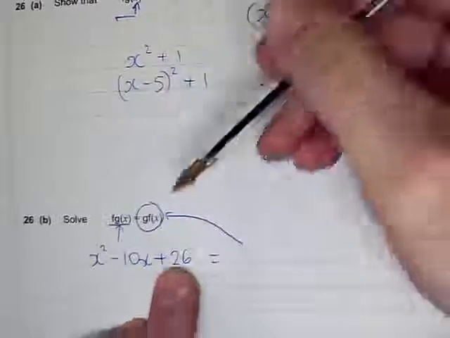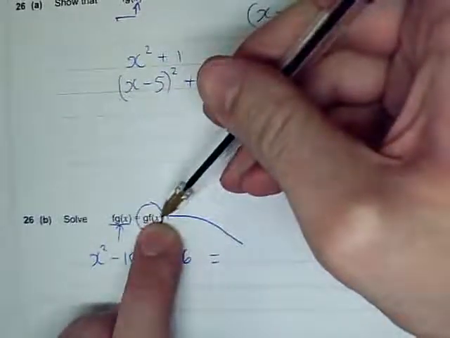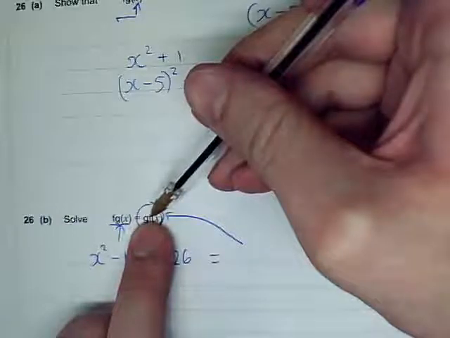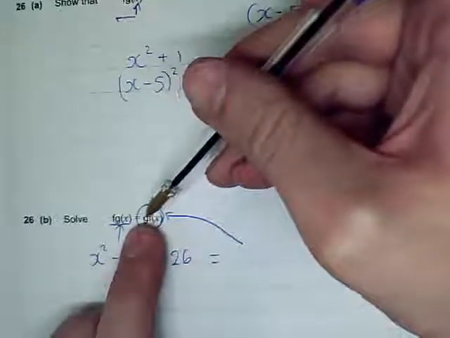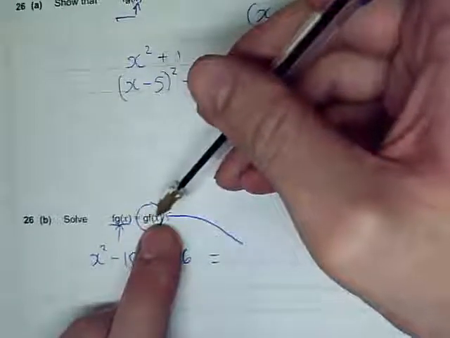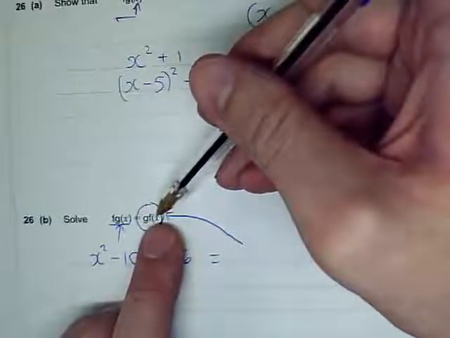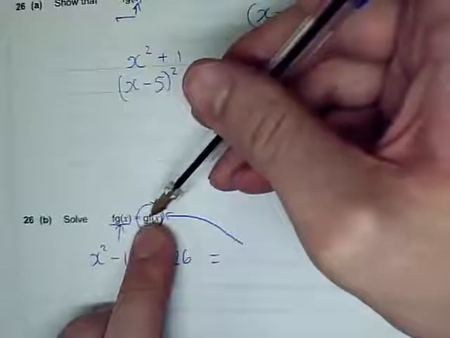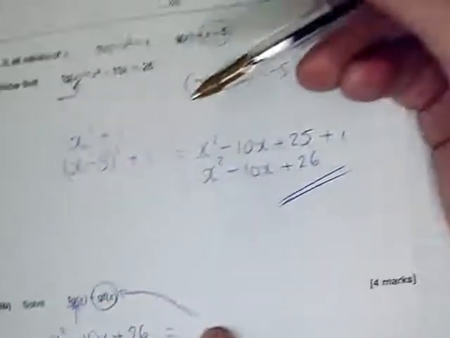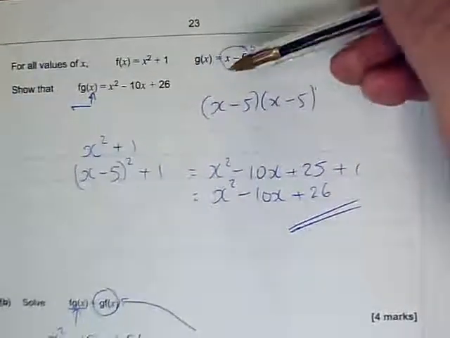So like I said a minute ago, imagine that's where your x is. The x goes through the f first, and then it goes through the g. It's a bit unusual, because you just think you read it in the order that it's written in. But no, you start with the x, it goes through the f function first, and then the output of f goes through the g. So let's have a look at those functions again.